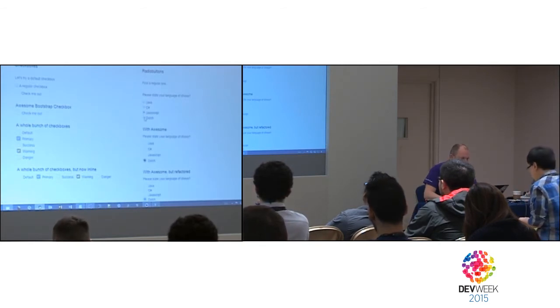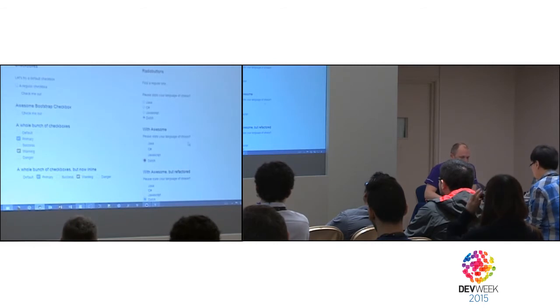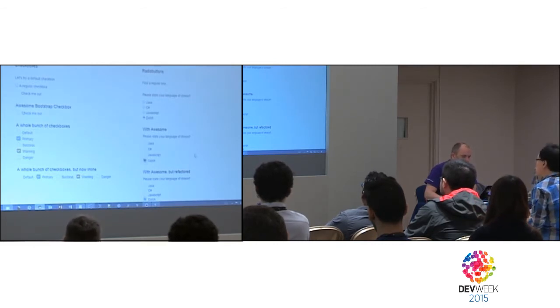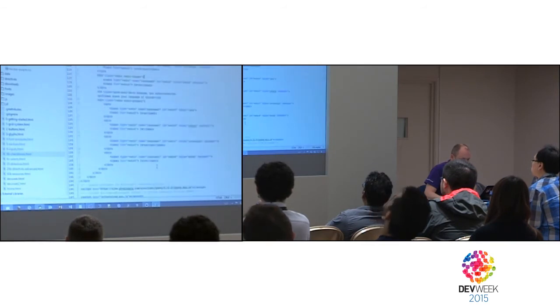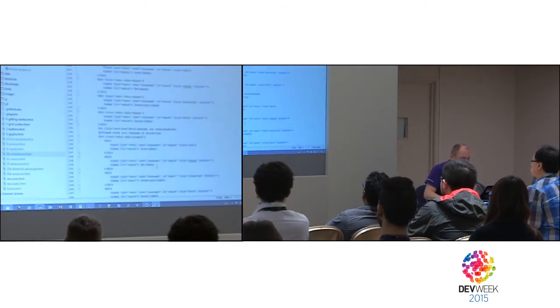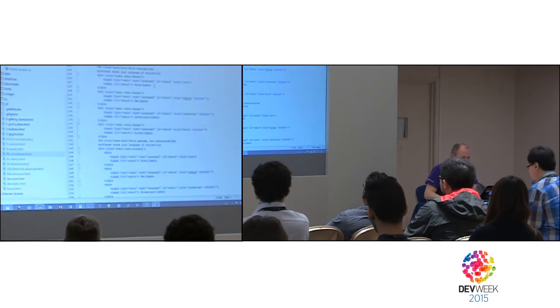Now, most people just don't like this one, right? So what you can do is use the same framework to create much better looking radio buttons. And you can even have them slightly refactored, because this one used to have different colors on every one of them. And if you don't want that, I can show you in the style sheet. Maybe I'm going a little bit too quick now, but this is the definition of a radio button.